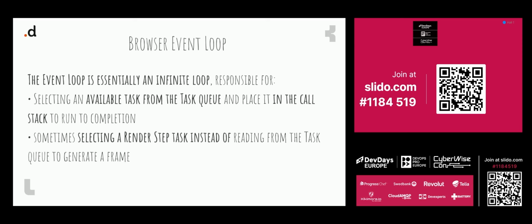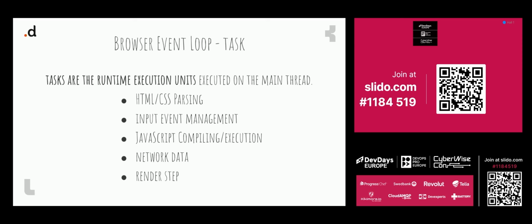Okay, and it is useful to generate a new frame, and we need 60 frames per second. Okay, so we need to be careful and not overload it. Okay, there are very different types of tasks, for example, HTML or CSS parsing, input events.